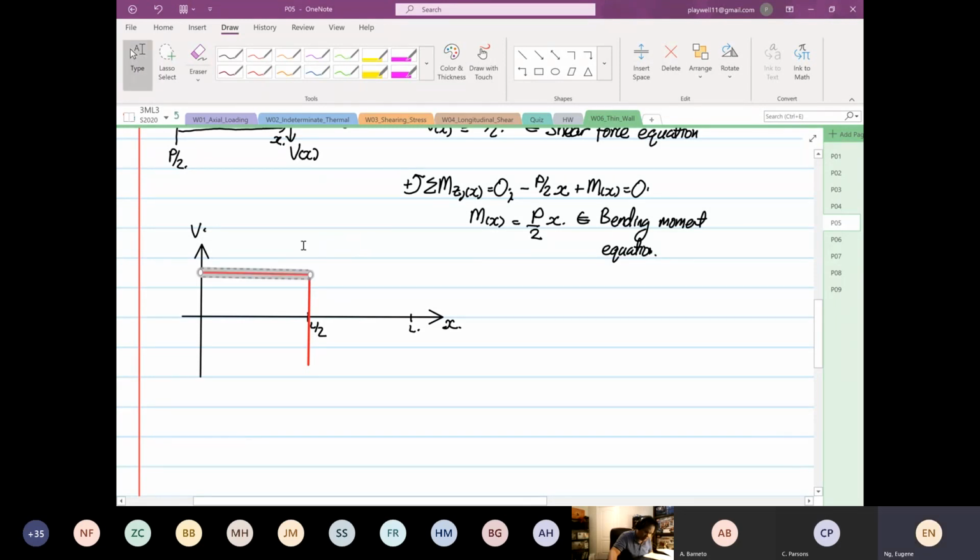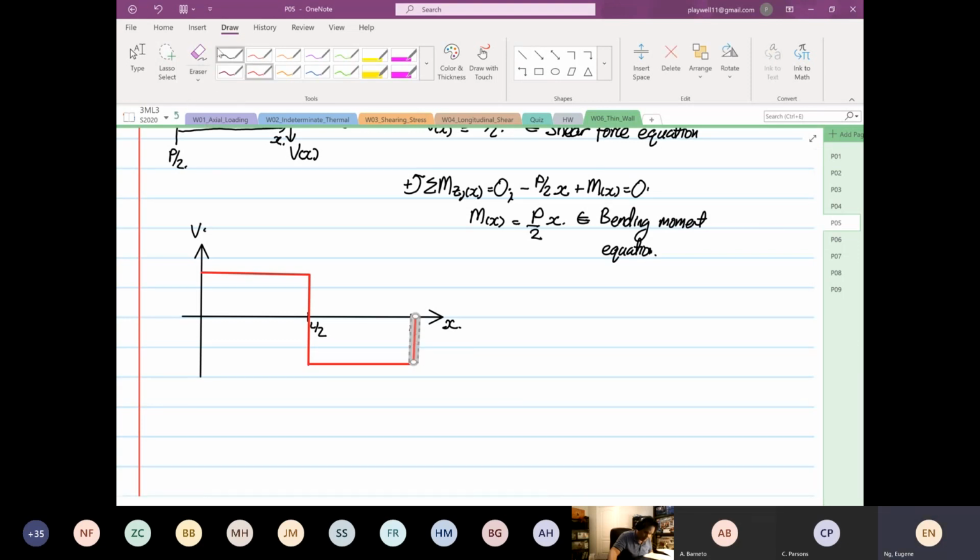And then finally, over the other side, you go up at point L. The load support is P over 2 positive, so it goes back up to 0.